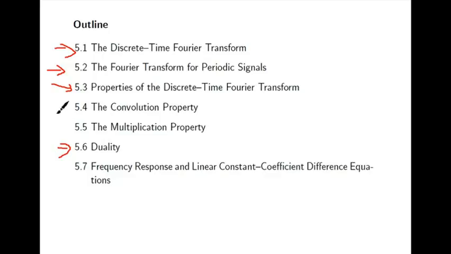There is a convolution property and a multiplication property similar to the last unit. The last part of this unit will be frequency response and linear constant coefficient difference equations.